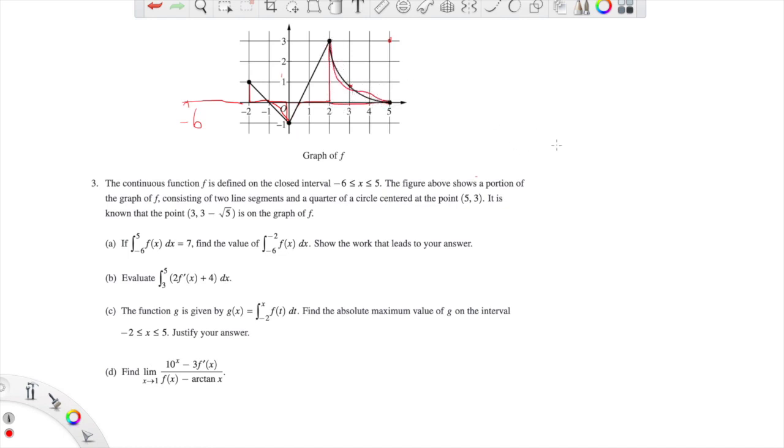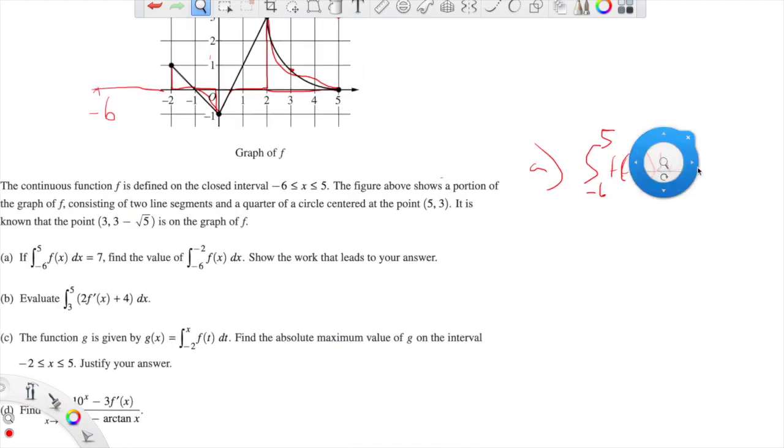And so just to write out the work, we'll say it's going to be the integral of -6 to 5 of f of x dx. Let's zoom in so it's smaller.